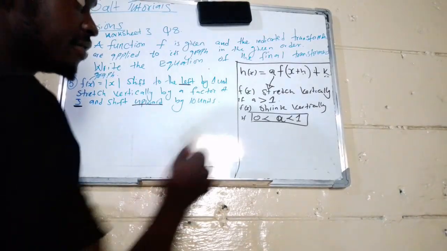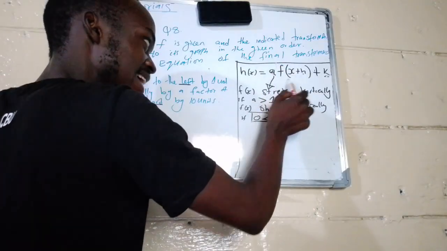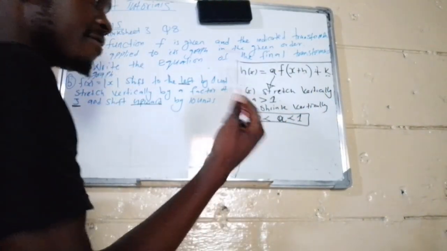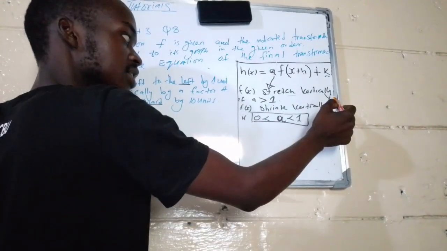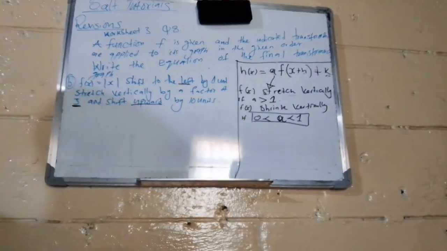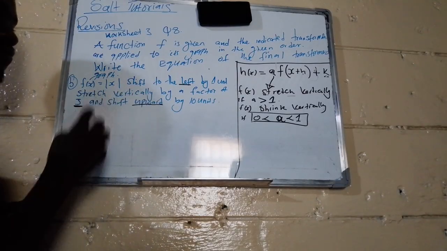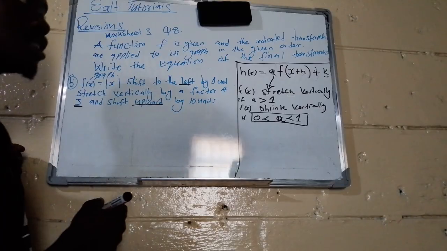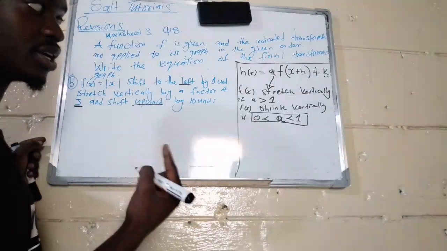So if we have a fraction multiplying the original function, then we can experience a stretch vertically or a shrink vertically. So this is what this is talking about, the stretch vertically. Sometimes we can experience a stretch horizontally or a shrink horizontally.